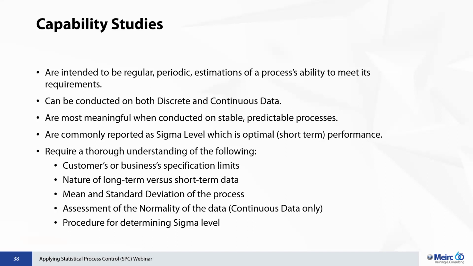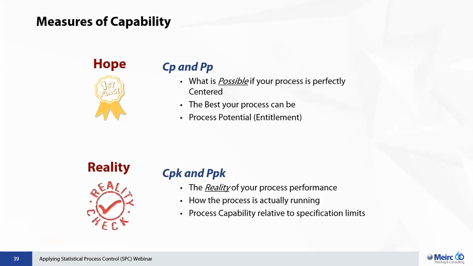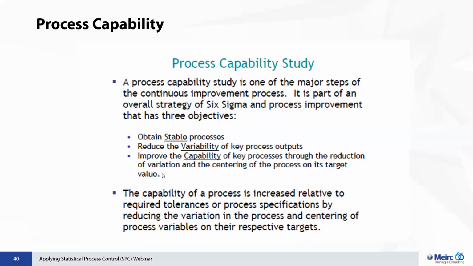But let's take something called CPK and say, okay, CPK is the one we are interested in. It is measuring the reality of my process performance, and it's telling me how well my process is behaving. So we can use a number of these indices, but most people will tend to use the CPK or PPK as well, but CPK tends to be the most common one.